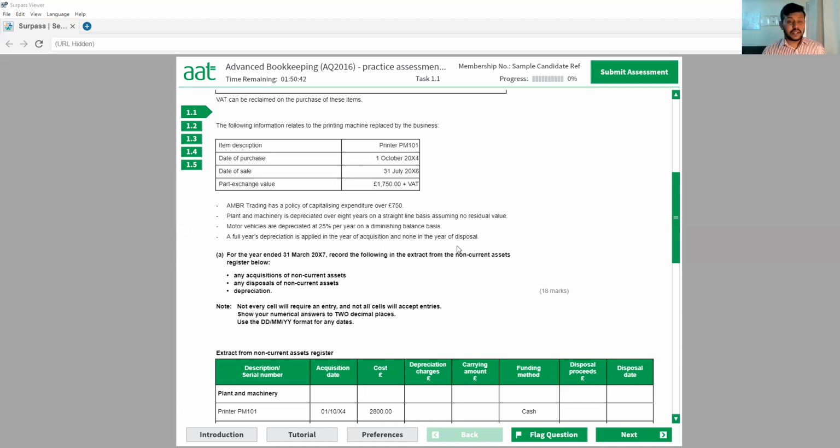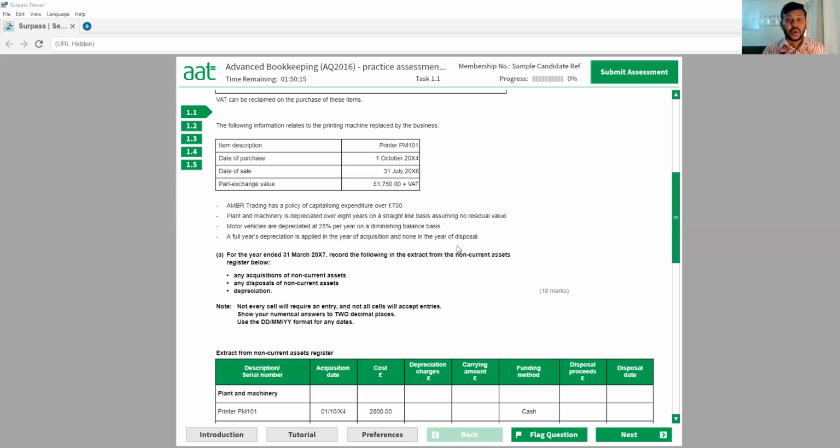A full year depreciation is applied in the year of acquisition, none in the year of disposal. Be very careful with that. So regardless of which month I buy the asset, for example, my year is ending 31st of March, and if I buy the asset on 1st of March, I will charge the full year depreciation. I'm not going to only charge for 1 month.